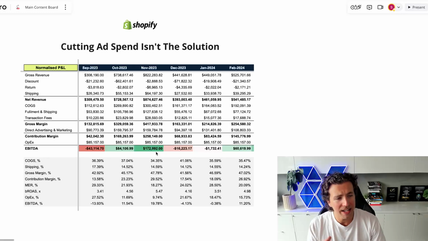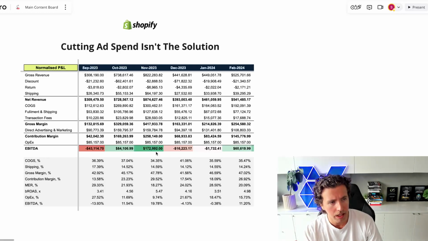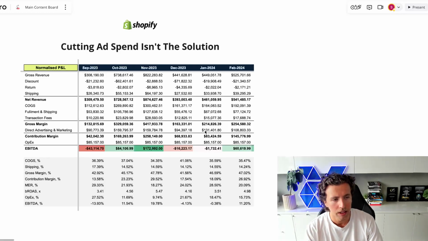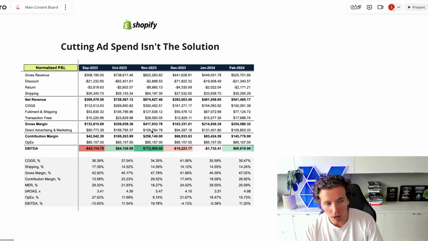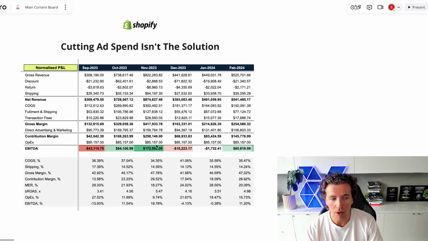You ask the question, why did they make so much money in November compared to these other months? And you could make a very arbitrary statement and just say that it's because they spent more. But it's more specifically because they generated more contribution dollars, which covered operating expenses, which provided this flow through into EBITDA.